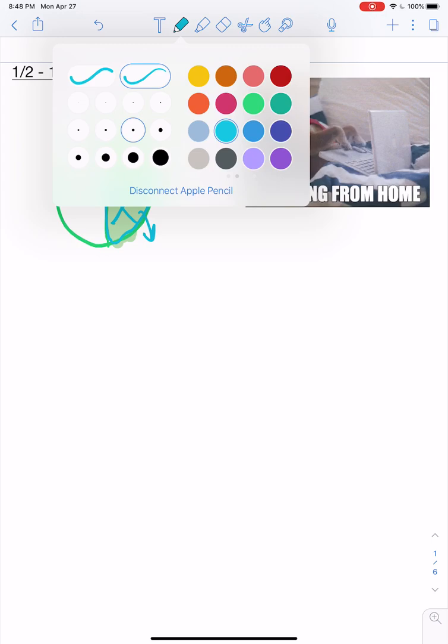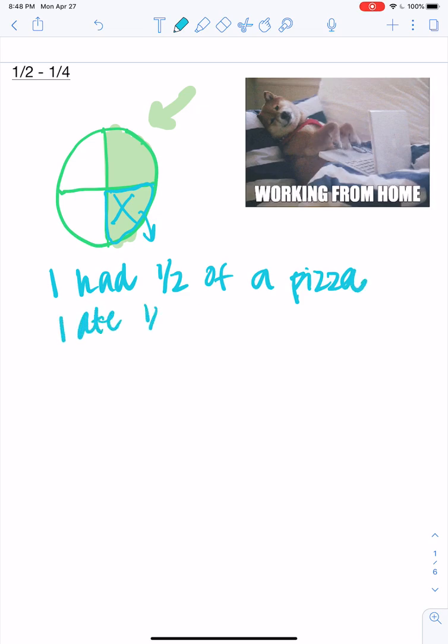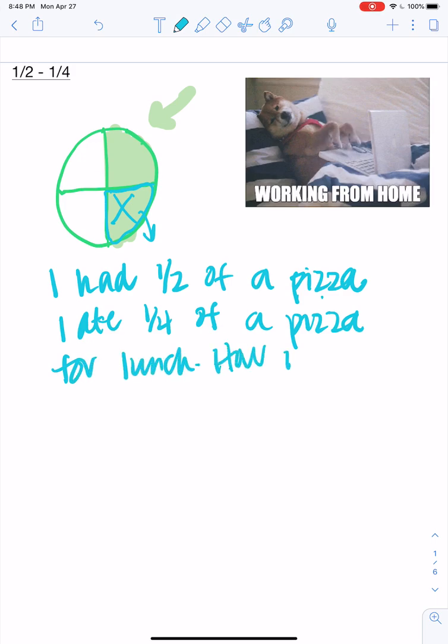And now that I'm using a circular area model, I'll say something similar to what people said in class. I had half of a pizza, ate 1/4 of a pizza for lunch. How much pizza is left?